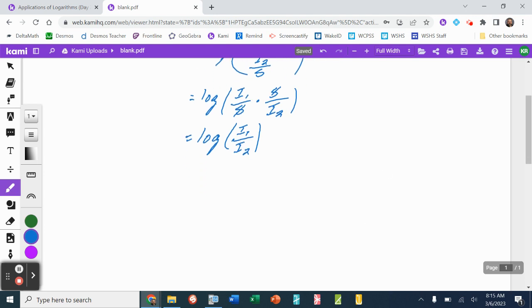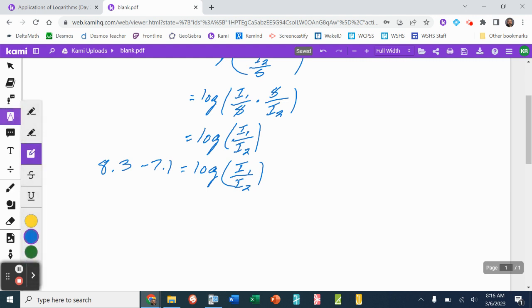So essentially at this point we have that 8.3 for the 1906 earthquake minus the 7.1 in 1989 is equal to the common log of the comparison of their intensities. And this comparison of intensities is what the problem is actually asking about.